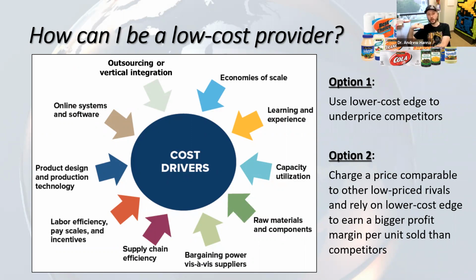A very comparable one to our low price rivals, and we just rely on that low cost edge that we've established somewhere along our value chain so that we can have fewer costs and offer our product or service at the same or comparable levels as our competitors. Somewhere we've figured out how to save some money along the way, and we're going to use that so that we realize a bigger margin off the same price that our competitors sell at.